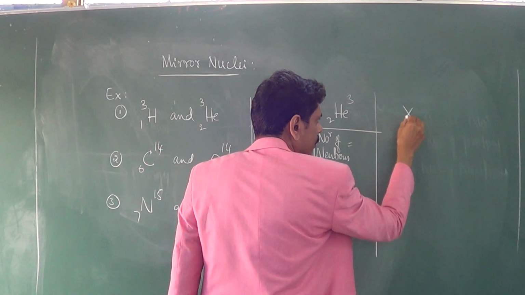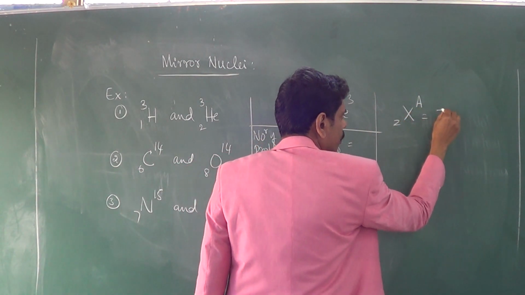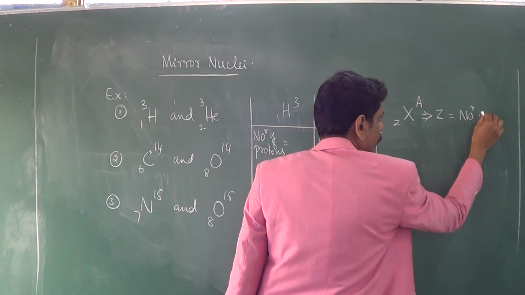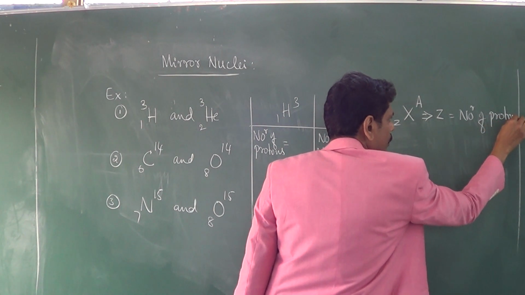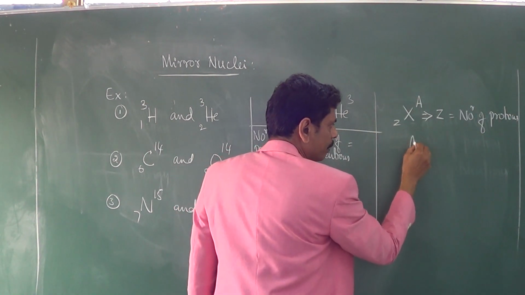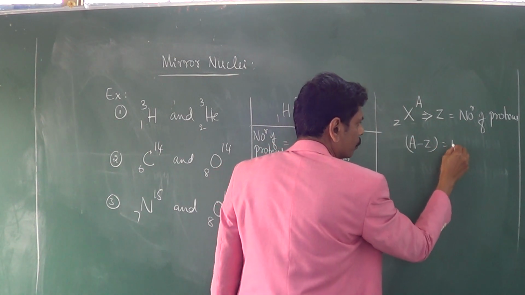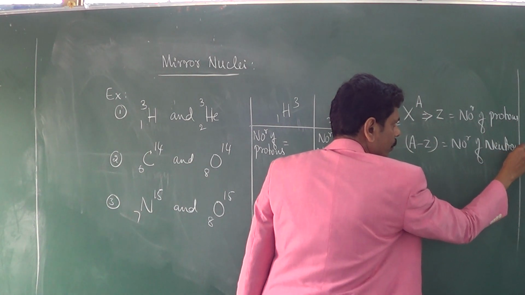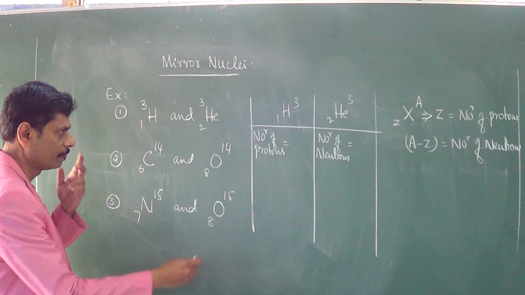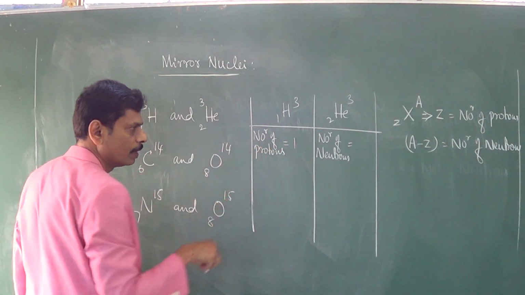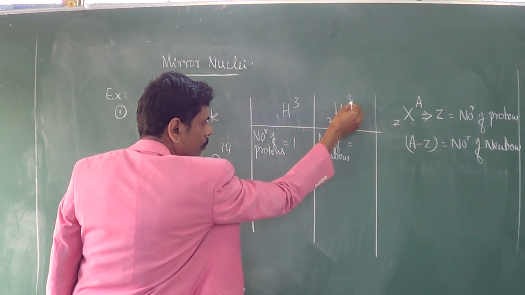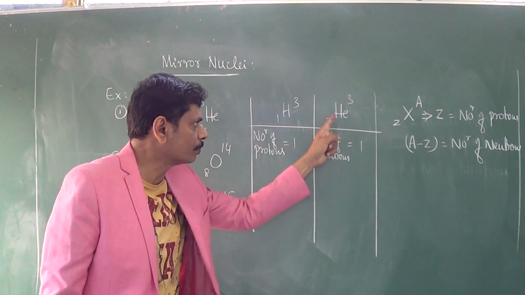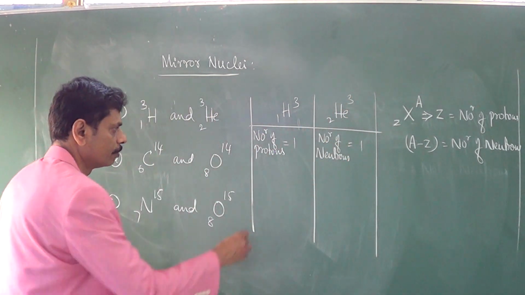For your convenience I will write it here: X, A, Z. Z represents the number of protons. A minus Z represents the number of neutrons. Use this concept. Here, number of protons is equal to 1. Number of neutrons is equal to 3 minus 2, that is equal to 1.